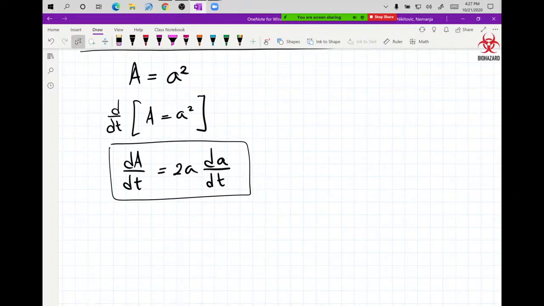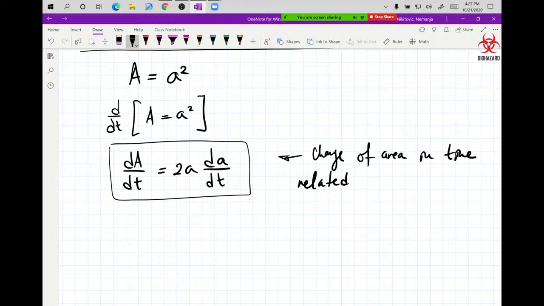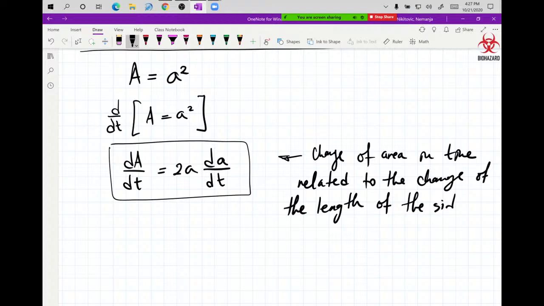So for this formula, which is related rates, what I know here is the change of area in time related to the change of the length of the side in time as well.